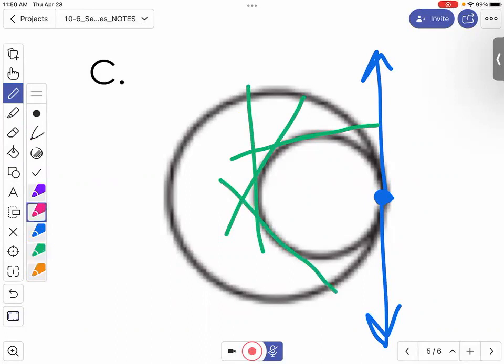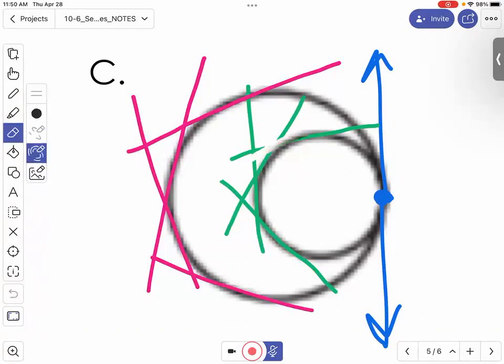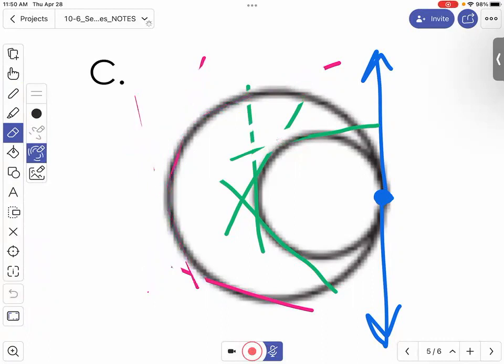And no matter where I draw one on the outside circle, it will never reach the inside smaller circle. So it's not possible to have any more tangents when one circle is inside the other.